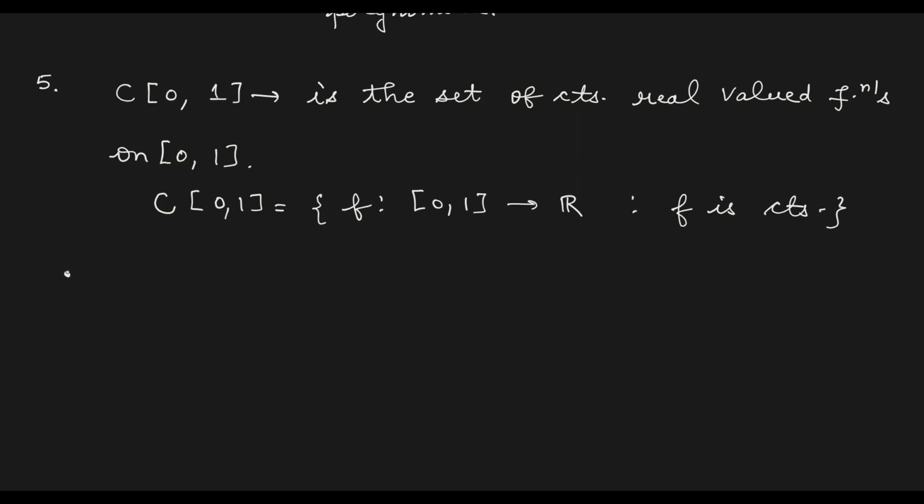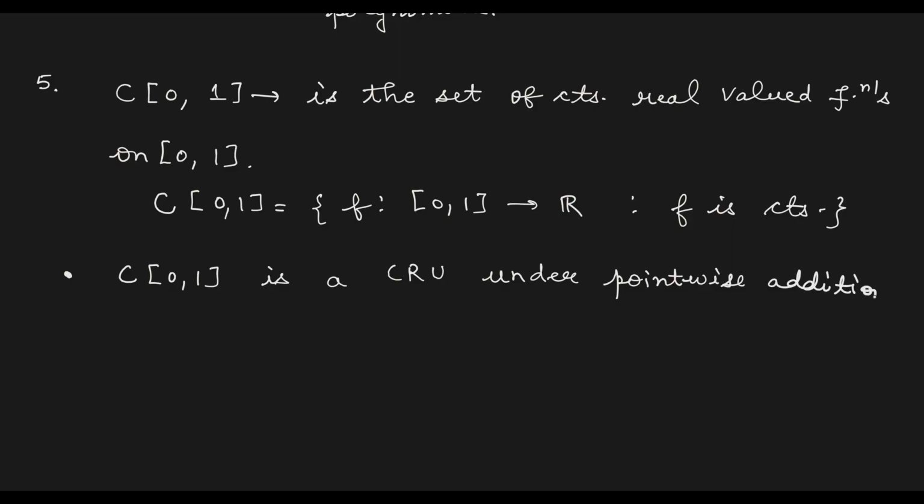And here operations will be: C[0,1] is a commutative ring with unity under pointwise addition and pointwise multiplication of functions.